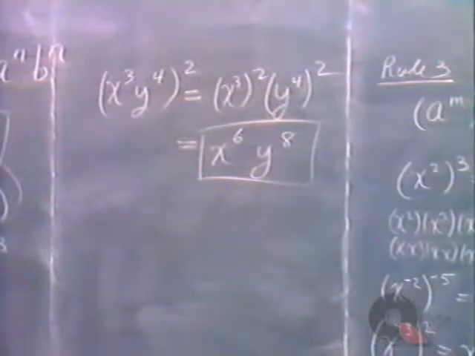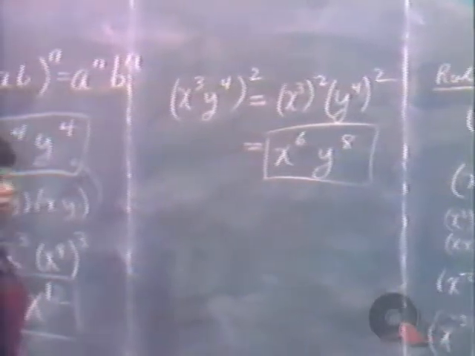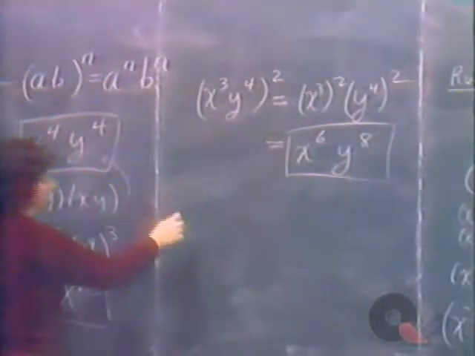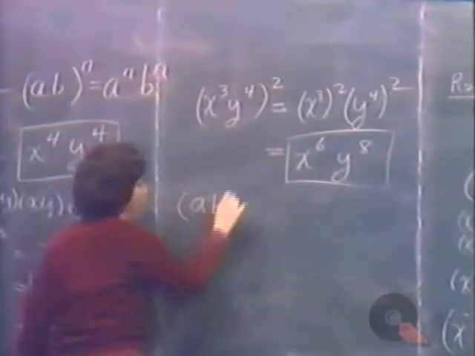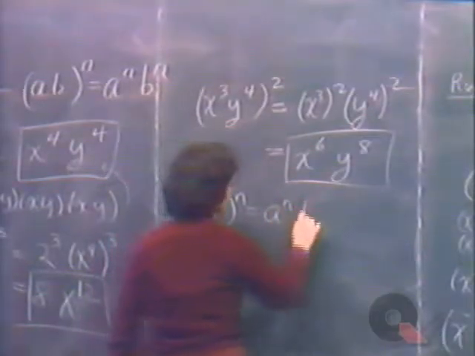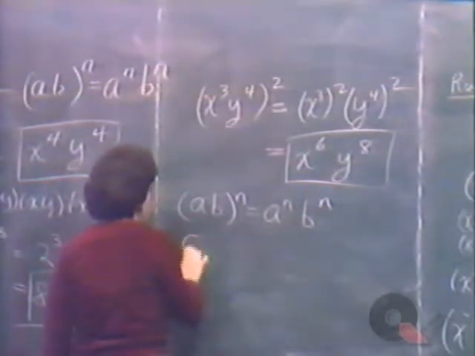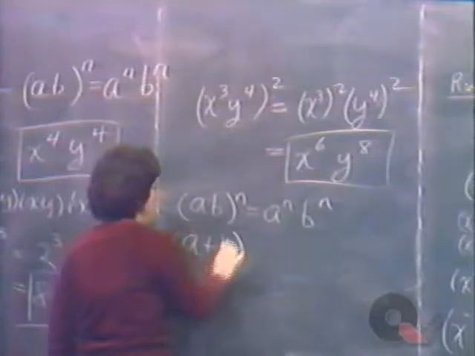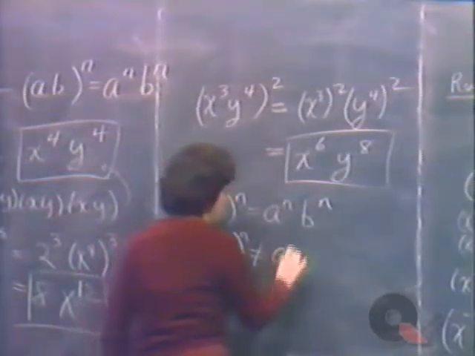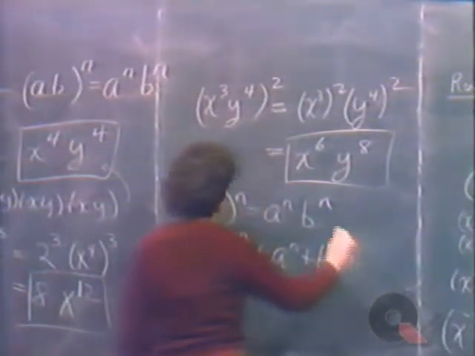Okay, now I want you to understand that the rule that I gave you, (ab) to the nth power, is only for products. We have (ab) to the nth power is a to the n, b to the n. It is not true that (a plus b) to the nth power is a to the n plus b to the n.